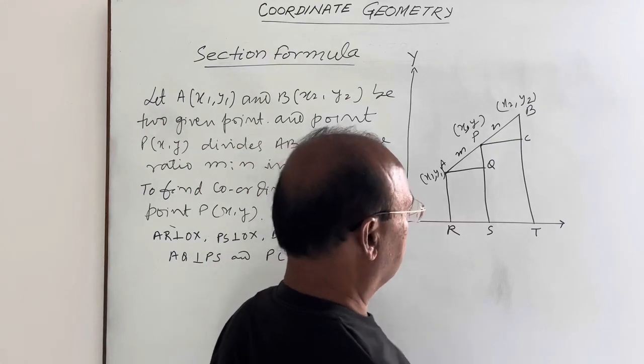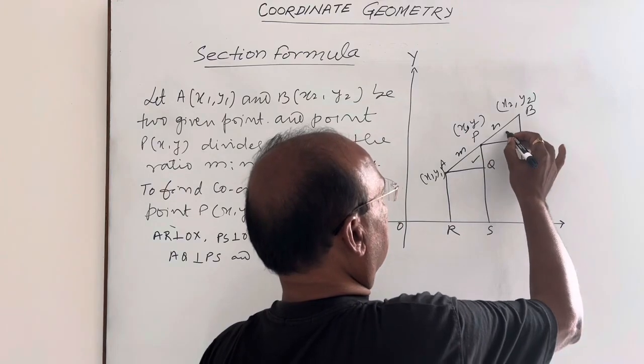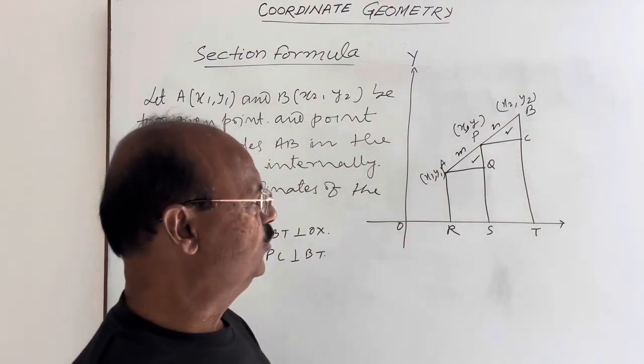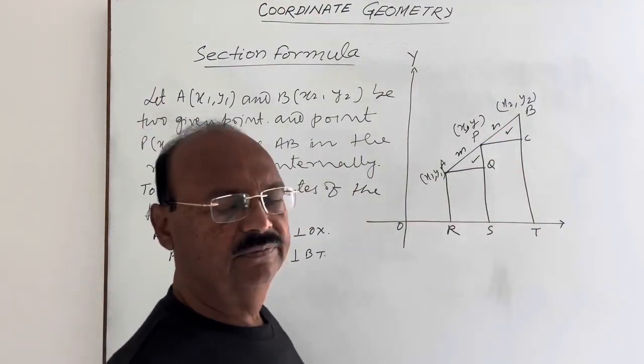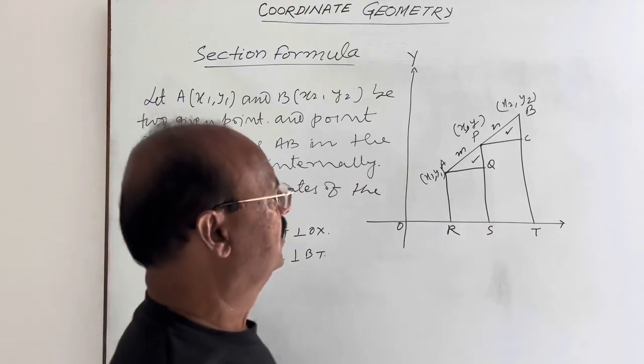Here we will show that these two triangles are similar triangles. You know, we have already studied in geometry that by angle property these two triangles are similar.